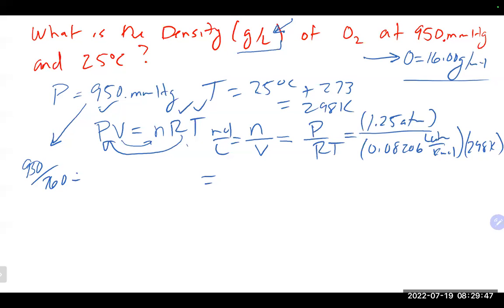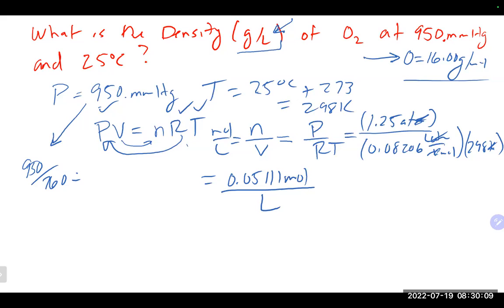When we do all that, we end up with 0.05111. The units here, atmospheres will cancel, Kelvin will cancel. When we divide that on the bottom, it then becomes moles per liter, which is the molarity.